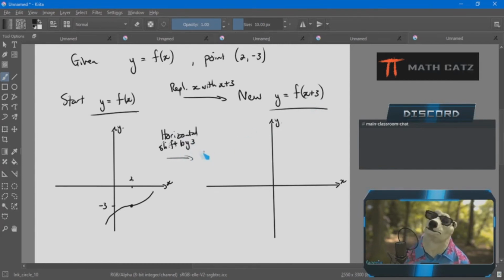And because it's x plus 3, I'm going to go left this time. So instead of the point being 2, -3, 3 units to the left, we'll have it sit at -1, -3. And this same shape, whatever that was, wobbly, now sits over here.